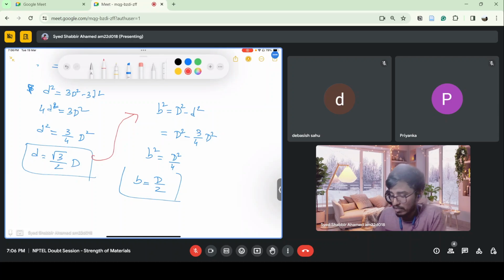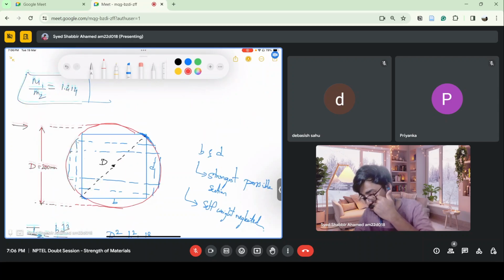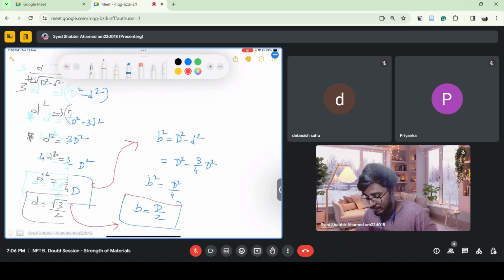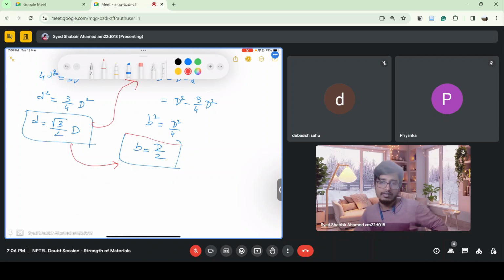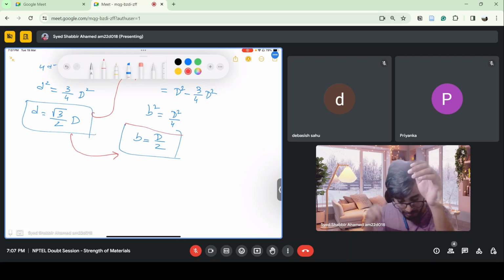These are the dimensions of b and d which can be cut out from the circular section such that it is the strongest possible section cut out for bending. You can see the constraint should be satisfied: b square plus d square should be equal to the diameter square. These are the dimensions for it.